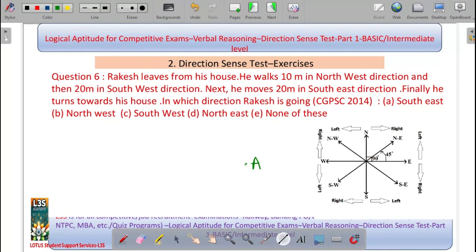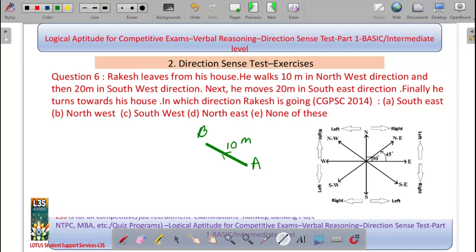So he moves in northwest direction. Northwest direction is between north and west. So it is in the northwest direction. This is 10 meters. Then 20 meters in southwest direction.